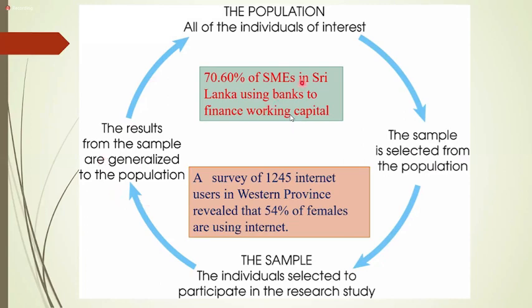Now here, two different statements are there. Look at which statement is related to a sample and which statement is related to a population. One of the students, please unmute your mic and say which statement is related to a sample and which is related to a population.